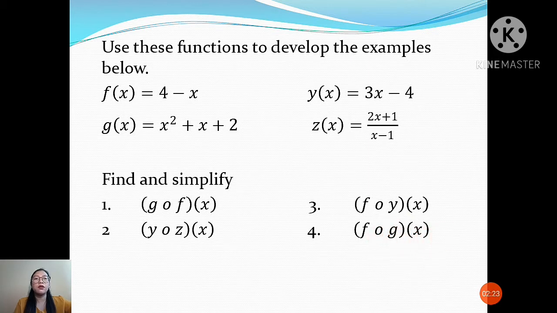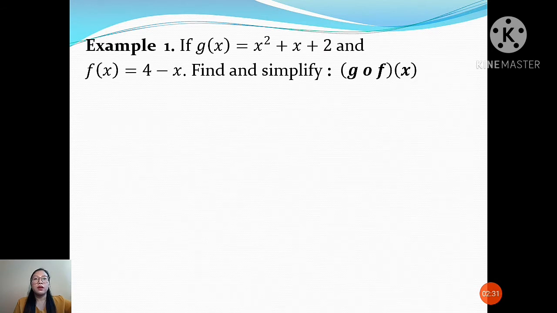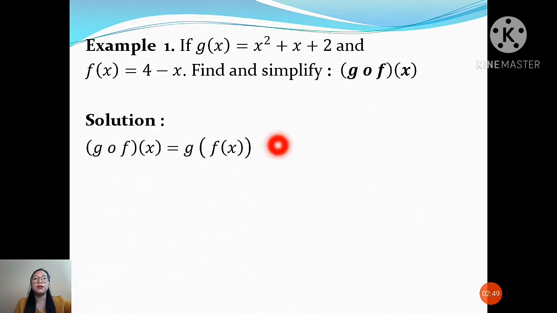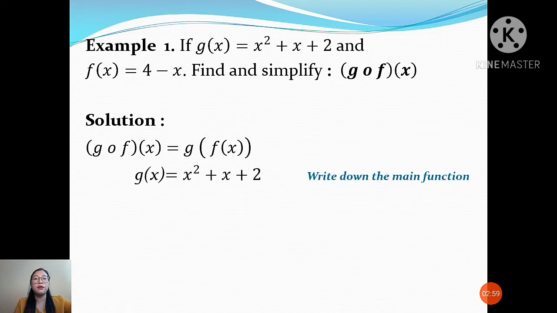For the solution of example number 1, if g(x) = x² + x + 2 and f(x) = 4 - x, find and simplify g ∘ f(x). We have to define first: g ∘ f(x) = g(f(x)). The first thing we have to do is write down the main function.